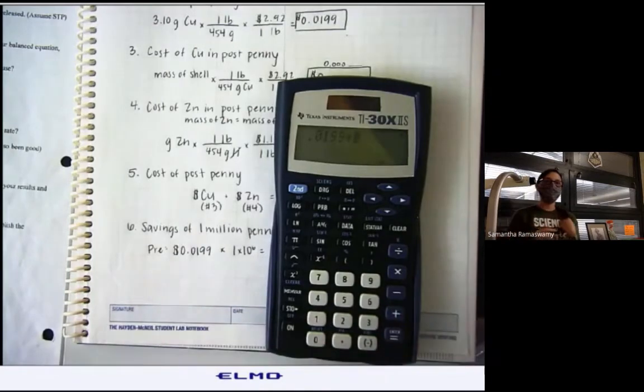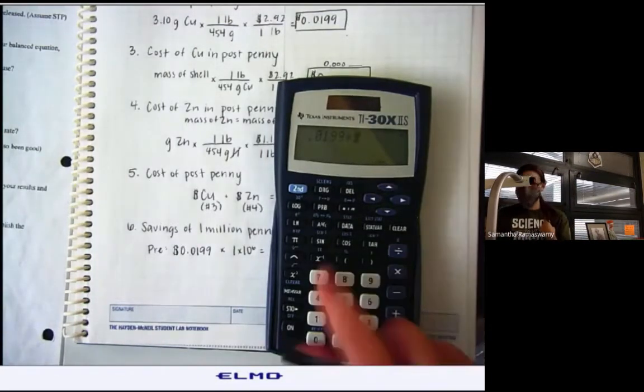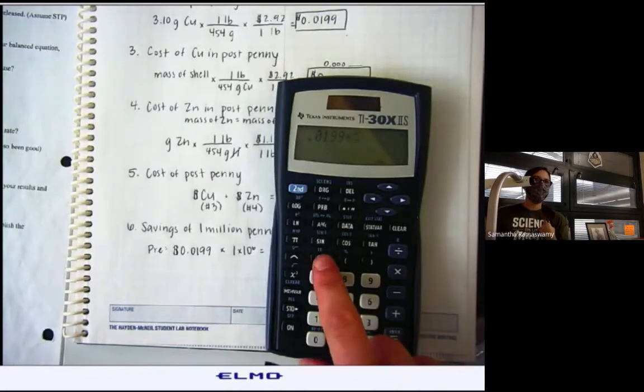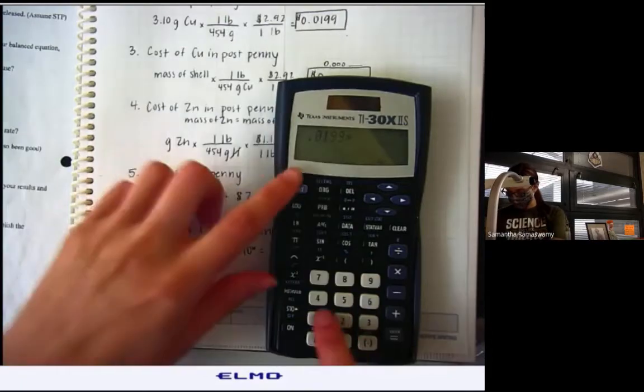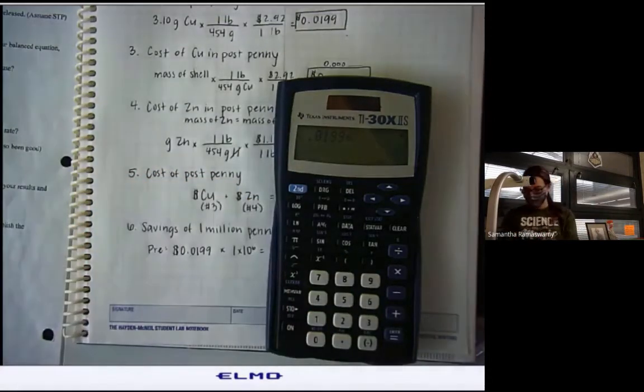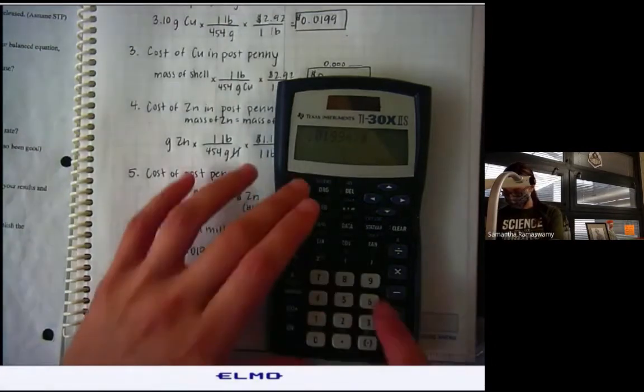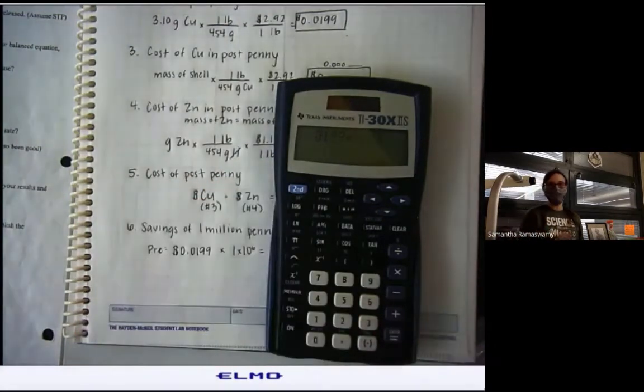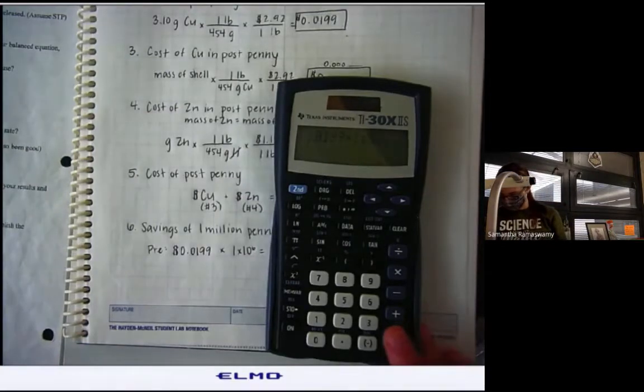Now, if you use a calculator like mine, there is this EE button right here. If you hit second, x to the minus 1, that stands for times 10 to the power. So for 1 million, I just do 1 E6, and that turns into 1 million.